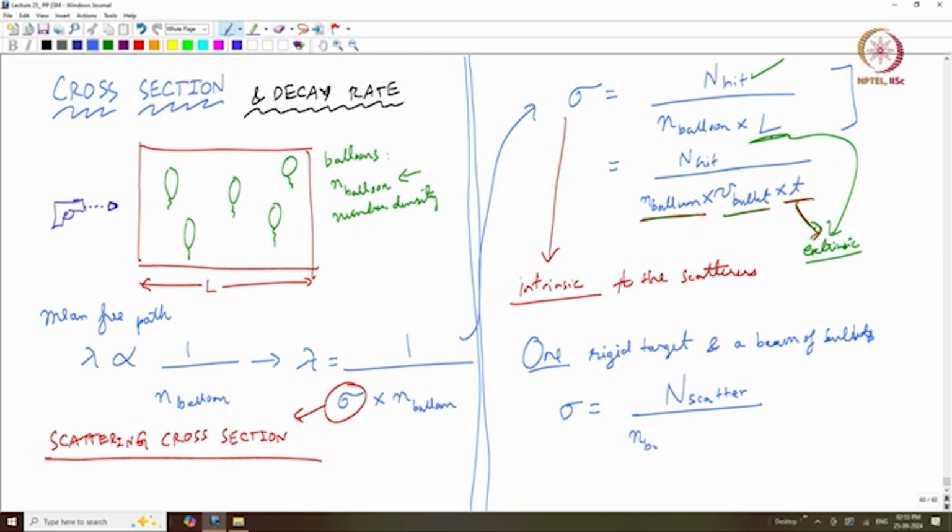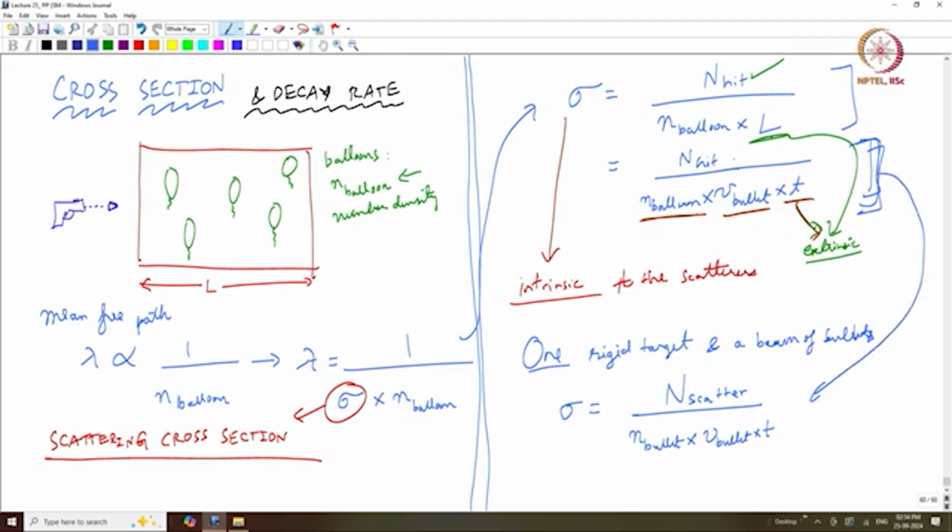The number density of the bullet beam actually. Then see, this is the equation that I'm generalizing. Then I have V bullet times time. So this is what I've rewritten here.